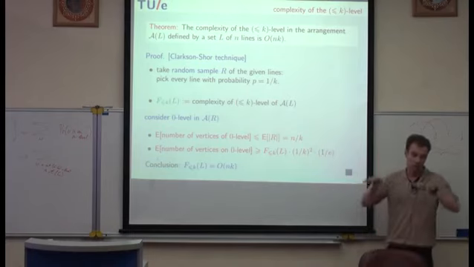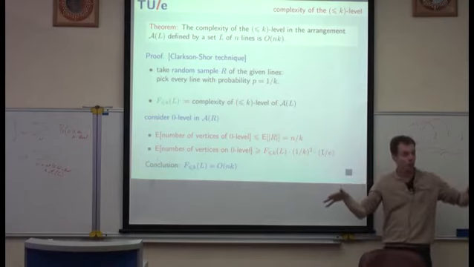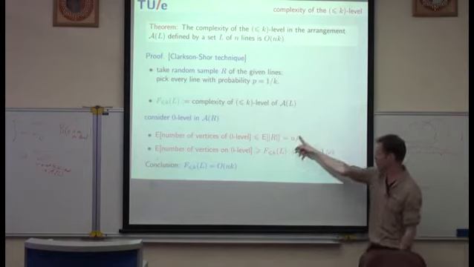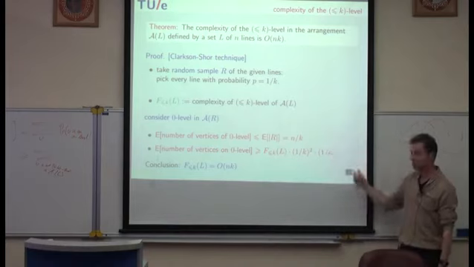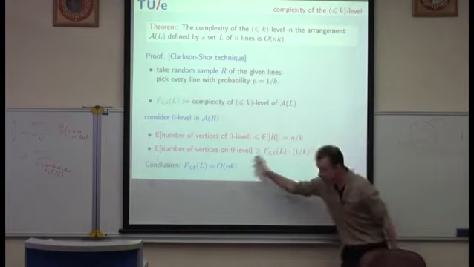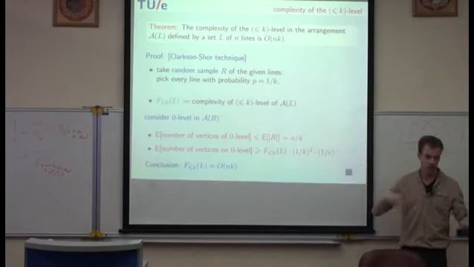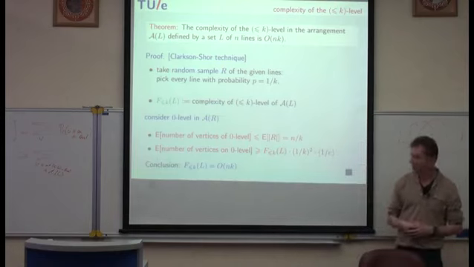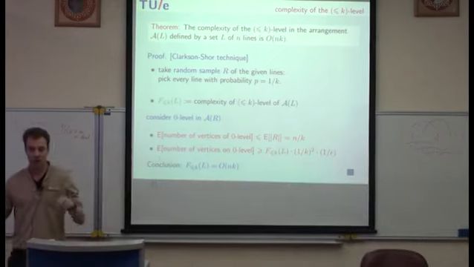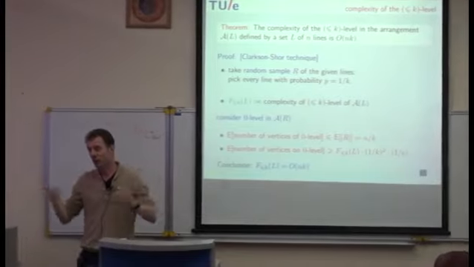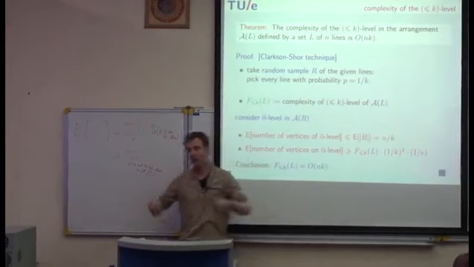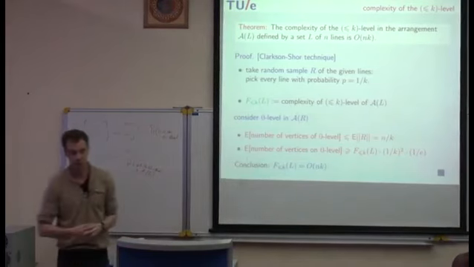Because the 0 level, the lower envelope of segments was order n alpha n instead of order n, so I get this extra alpha. This remains exactly the same. So you get this times some alpha. And there's lots of different other scenarios where you can use this. So you need a bound on some kind of 0 level, and you need to bound the probability that something appears there. And that's it.